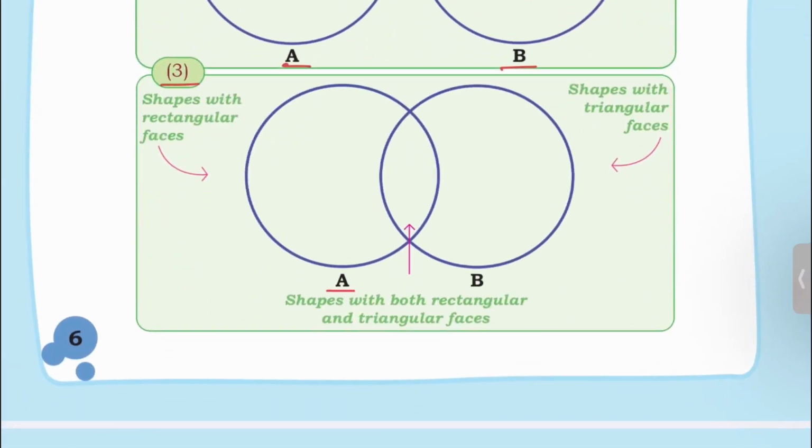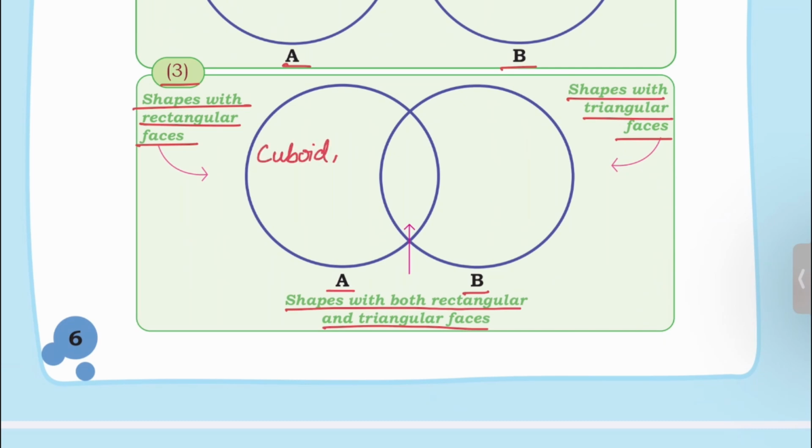3A shapes with rectangular faces. 3B shapes with triangular faces. And the overlapping portion, shapes with both rectangular and triangular faces. Here you can write cuboid and all prisms.